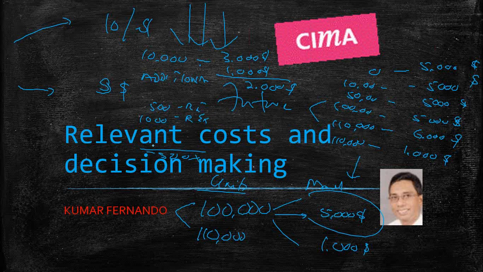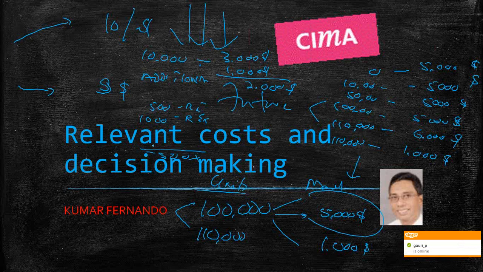What happens if I give Sam $1,000 and I tell Sam, you have done a good job, so I'm giving you $1,000 as an extra bonus, but Sam, I expect you to sell 110,000 units. Already I have given you the $1,000.